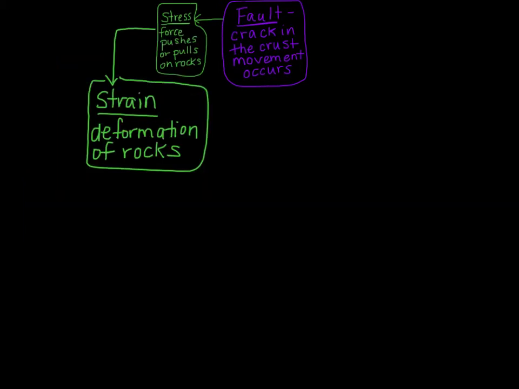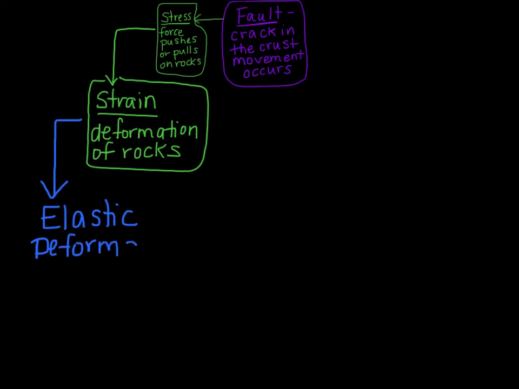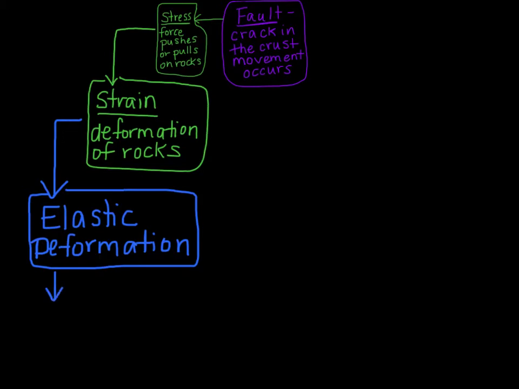There are two different things that happen when strain occurs. The first one is called elastic deformation. If you think about what elastic means, if you had a piece of elastic, maybe out of a sweatshirt, you can stretch the elastic and it will go back to its original shape. So that's what elastic deformation means.